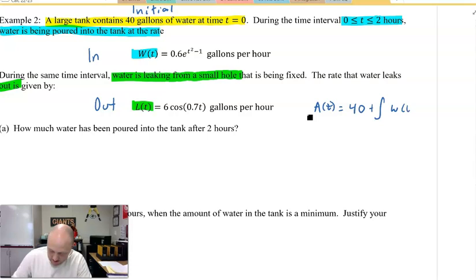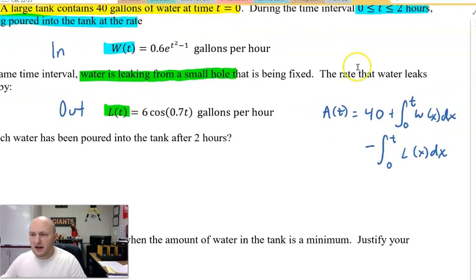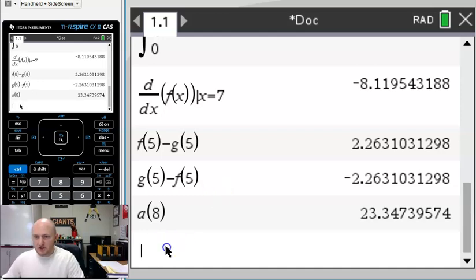So I'm going to integrate the rate of water being added, the integral of W of x dx from 0 to t, and I'm going to subtract the integral from 0 to t of L of x dx. So there is my amount of water in the tank: in, out, plus the initial. I'm going to use my calculator and define these.